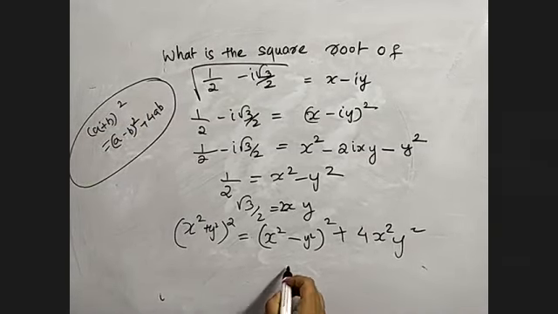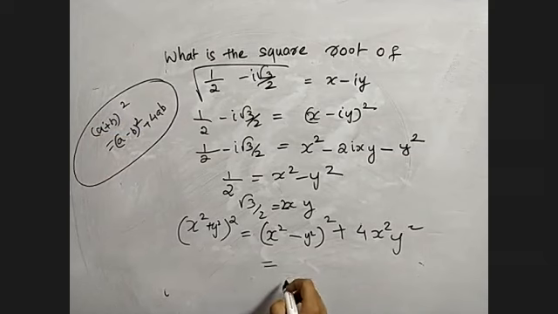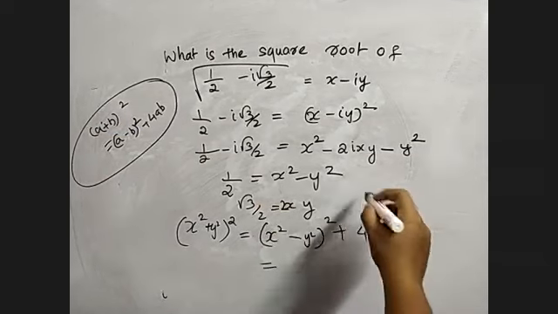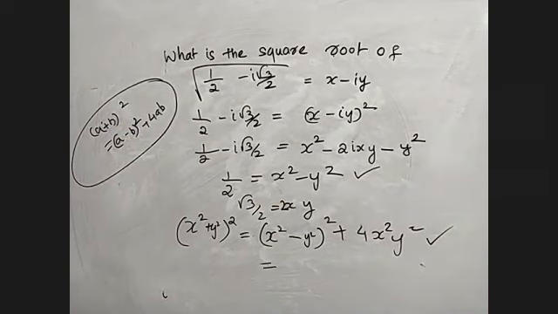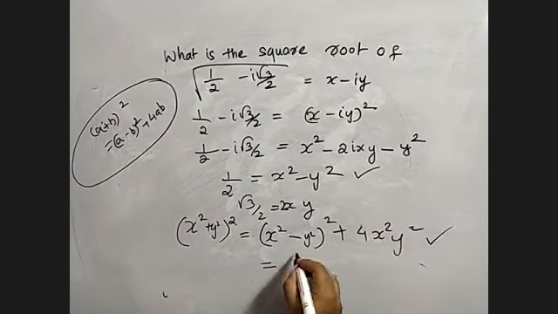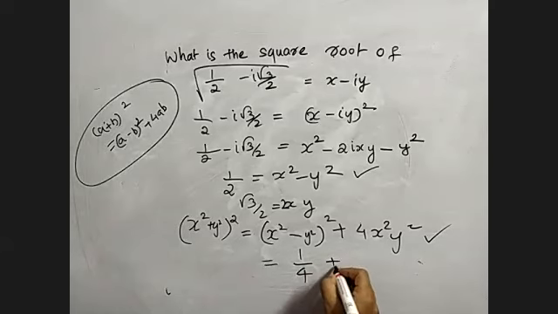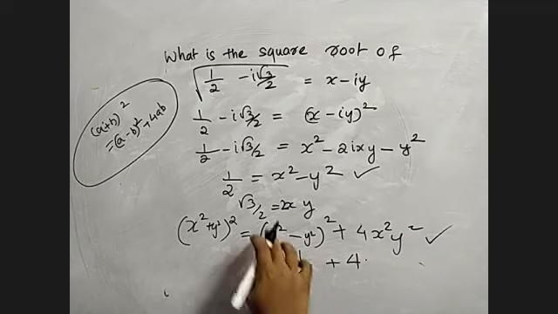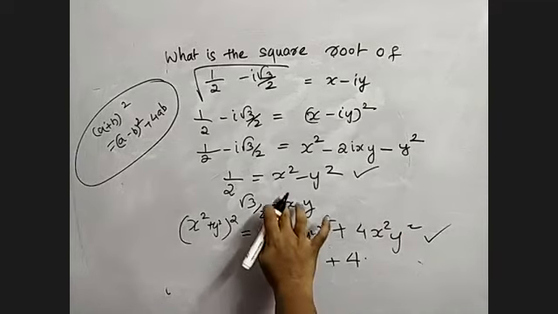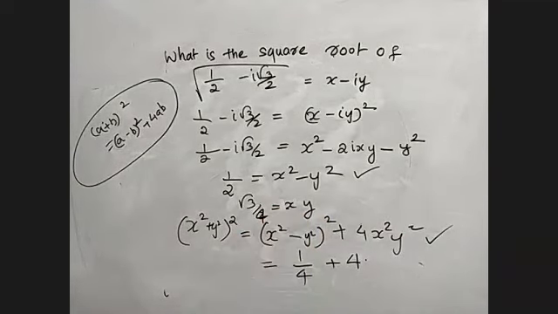So this one I'll get as, you need to solve this equation and this equation together. x square minus y square we have 1 by 2. On squaring it will become 1 by 4 plus 4 into x square y square. So that is xy, I can write it as root 3 by 4.